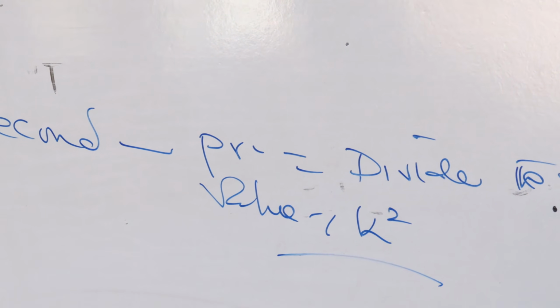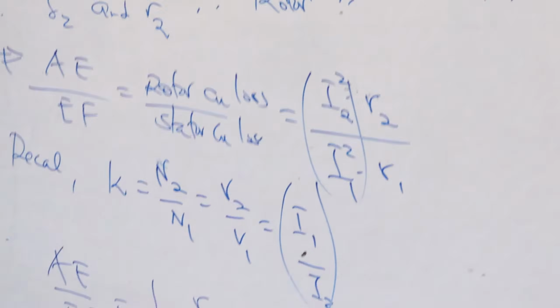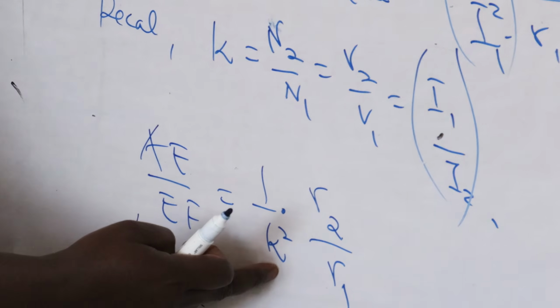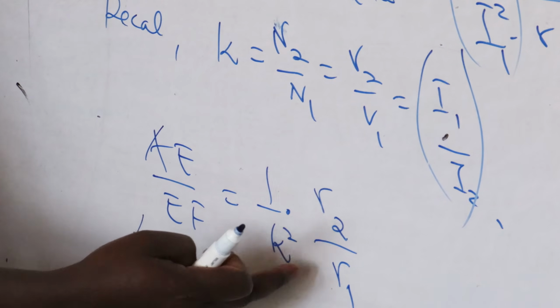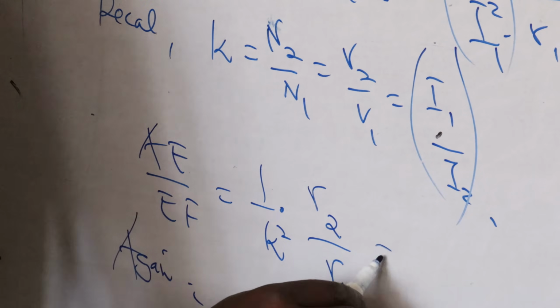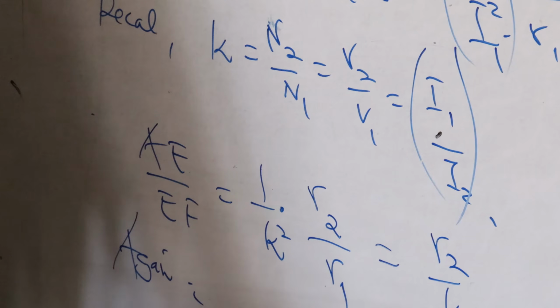That means there's an element of R2 divided by K squared. True? How do I rewrite this? This can be written as R2 over K squared times 1 over R1.